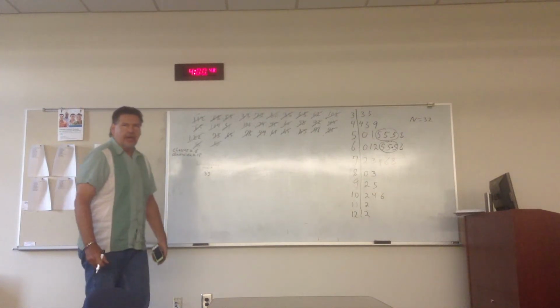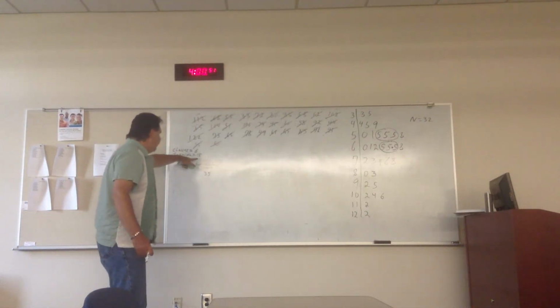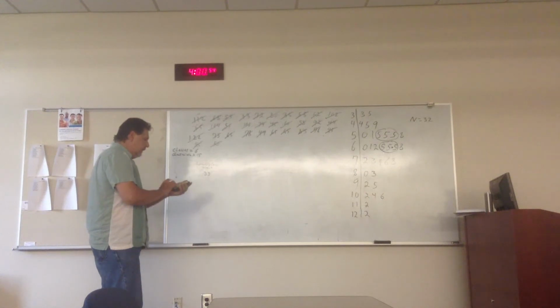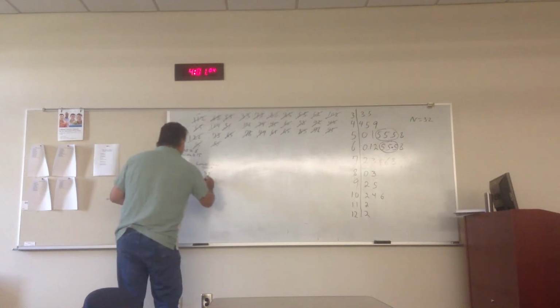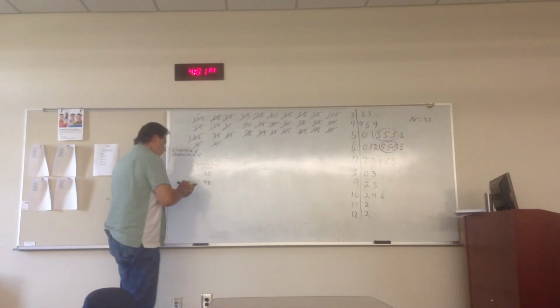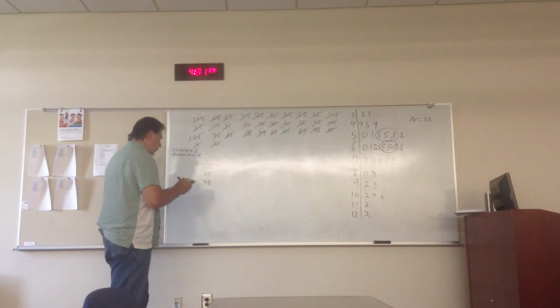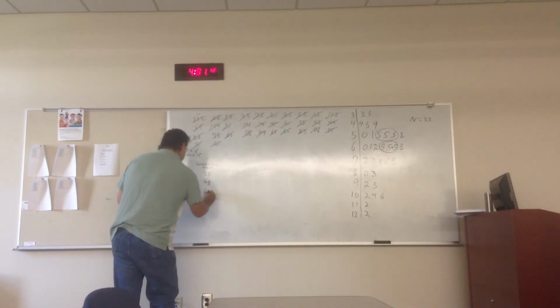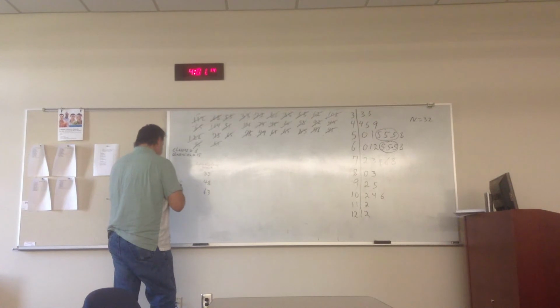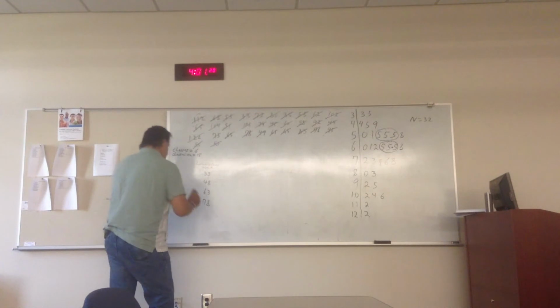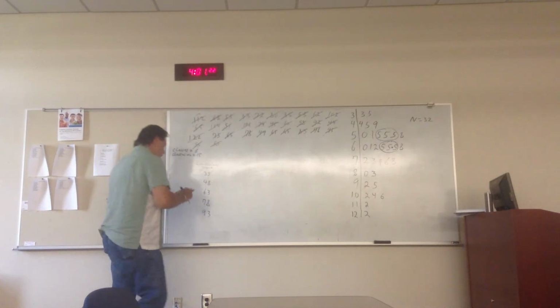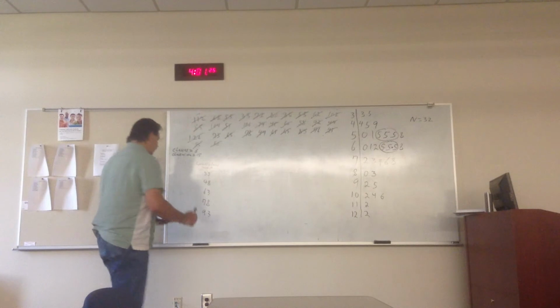I know that my class width is 15, so all I have to do is add 15 to that low value. 33 plus 15 is equal to 48. 48 plus 15 is equal to 63. 63 plus 15 is equal to 78. 78 plus 15 is equal to 93. 93 plus 15 is equal to 108.